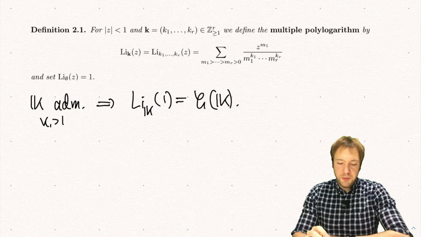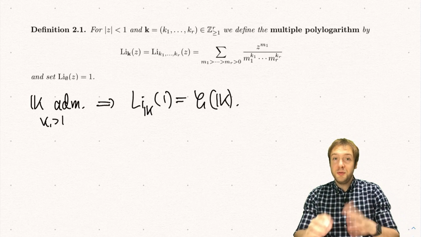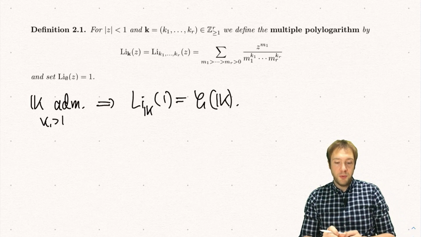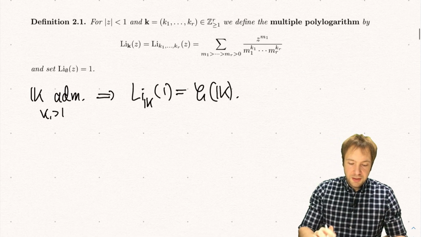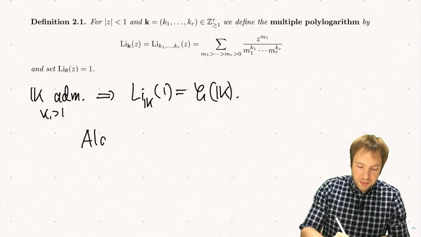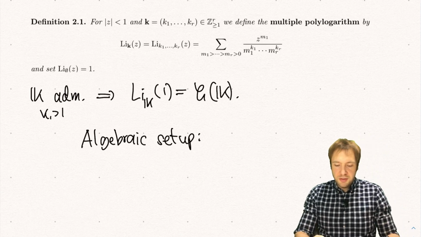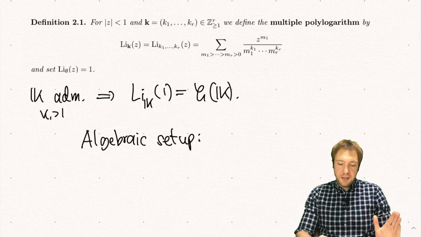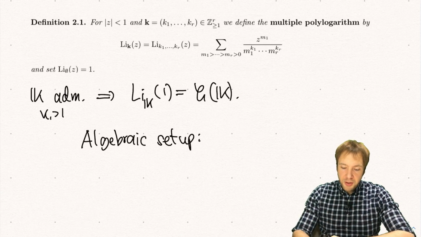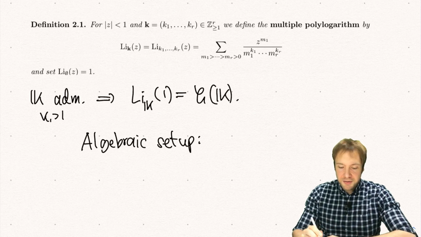And we saw that we have these two different differential forms we want to work with. So in our algebraic setup, which we want to introduce now, we want to do it in a more formal way. So instead of talking about differential forms, we will just talk about some letters.